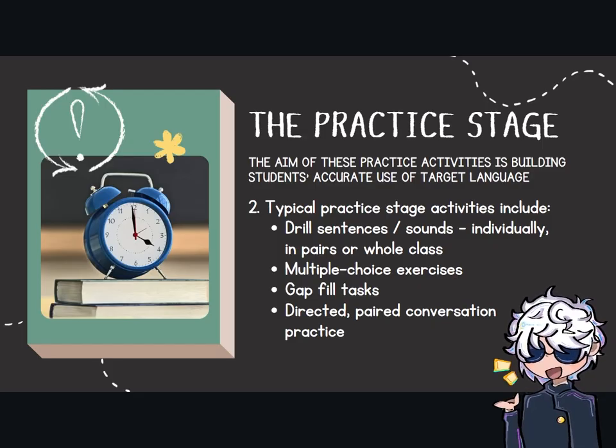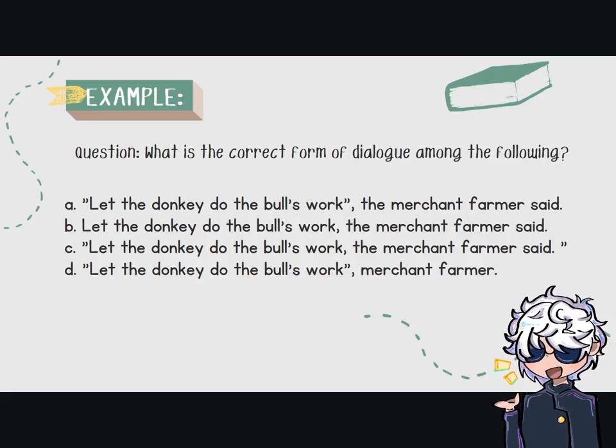For example, after reading the story of the donkey and the bull, the teacher can make them answer this question. What is the correct form of dialogue among the following? There are 4 choices. Can you spot which is the correct answer?